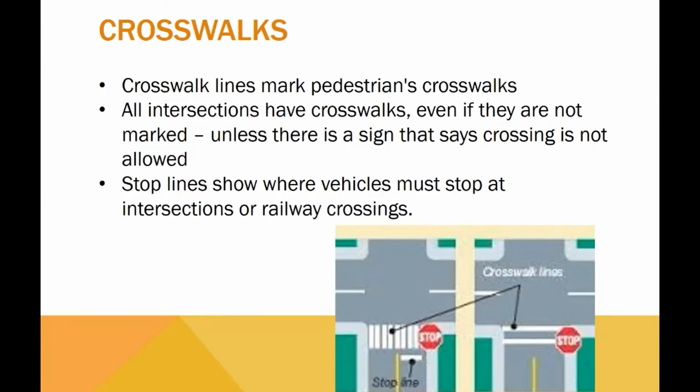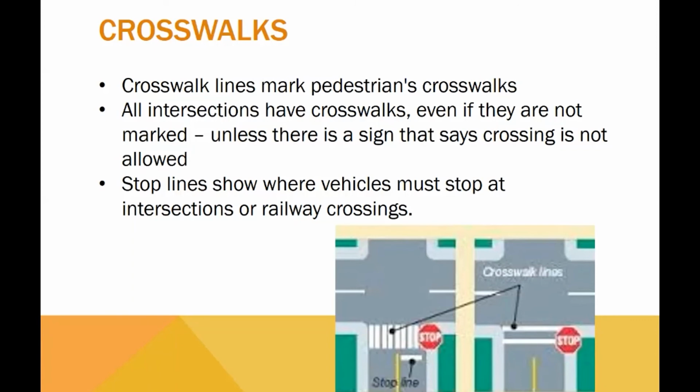So stop lines show where vehicles must stop at an intersection or railway crossing. Right there on the bottom image, it says stop line. So it's telling you that you've got to stop at that line. You can't go farther into it because you're going to be in the crosswalk zone and you're going to be obstructing pedestrians and potentially forcing them to walk in the way of oncoming traffic, putting them in danger. So be careful.